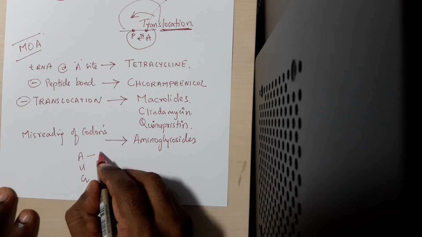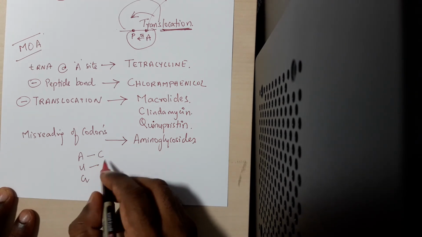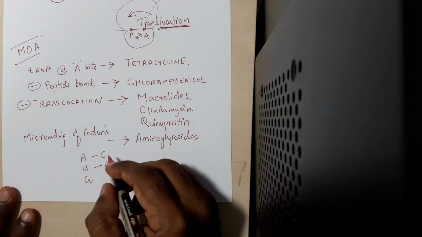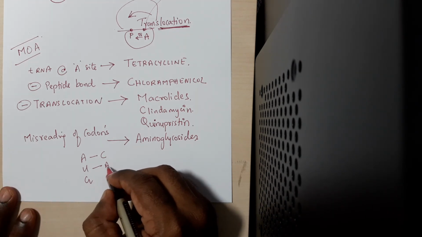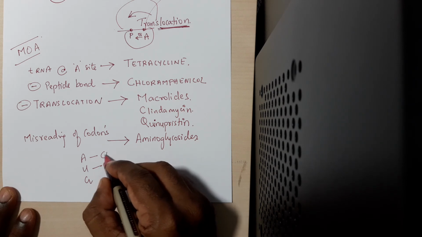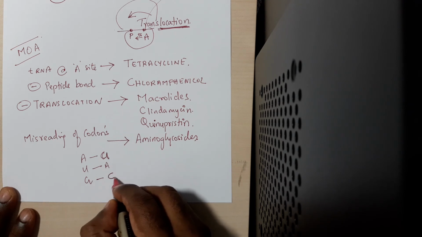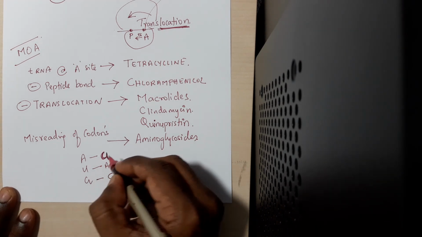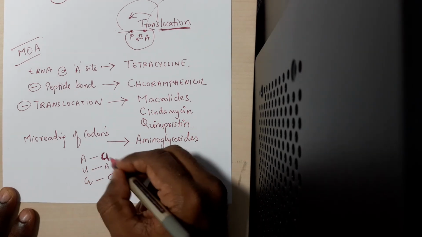The complementary pairs are: for adenine it is uracil, for uracil it is adenine, and for guanine it is cytosine. So these are the normal correct complementary pairs.